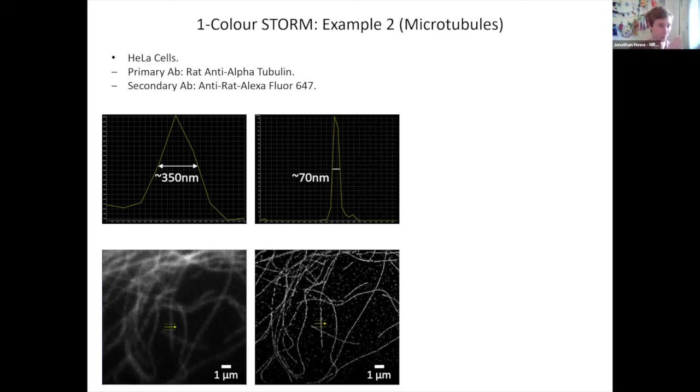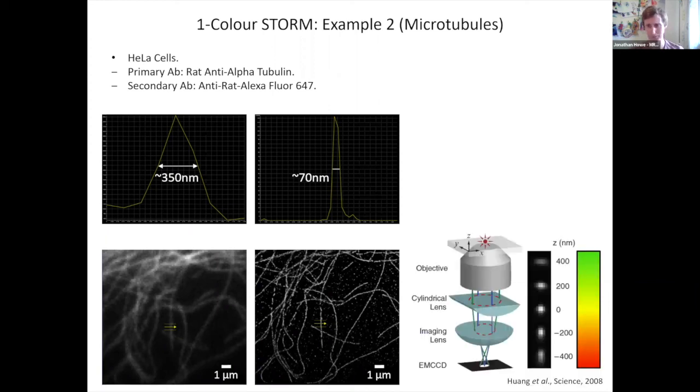It's bigger than it was in the STED because we're using a longer wavelength dye. And in the STORM example, the full width half max is much smaller. It's down to 70 nanometers. But again, that's still not 25 nanometers, which is the diameter of the microtubule.